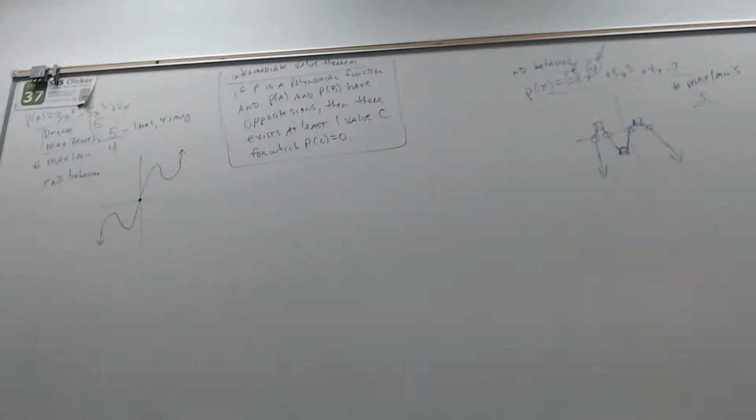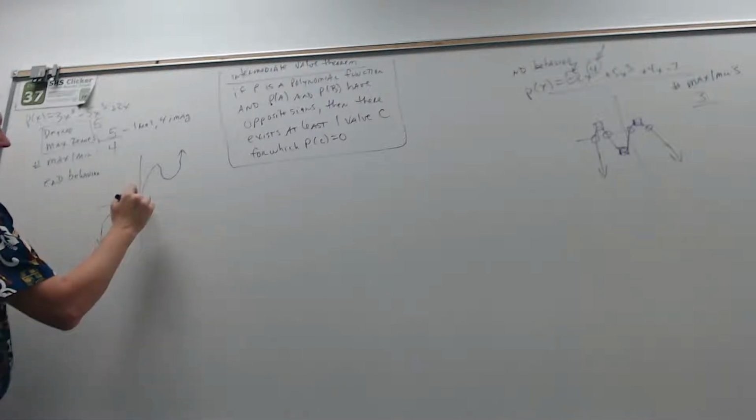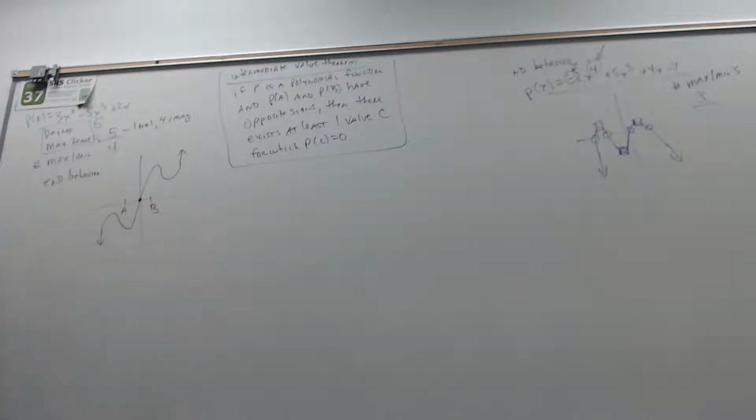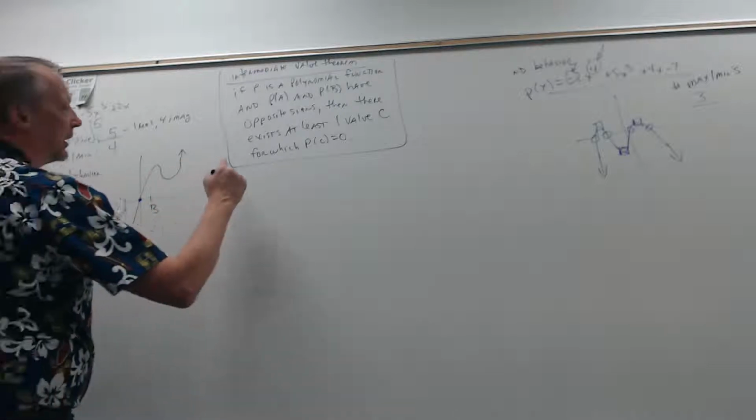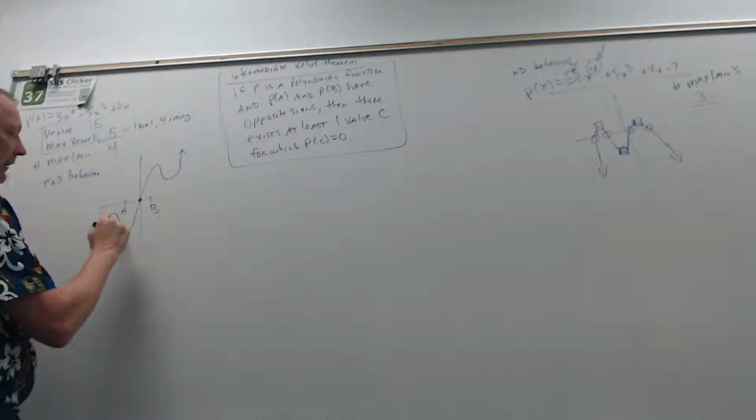So the idea here is, let's pick, this is A and this is B. Here's what the intermediate value theorem says. I don't have any numbers on here, but if this is A, that's going to be P of A, right?